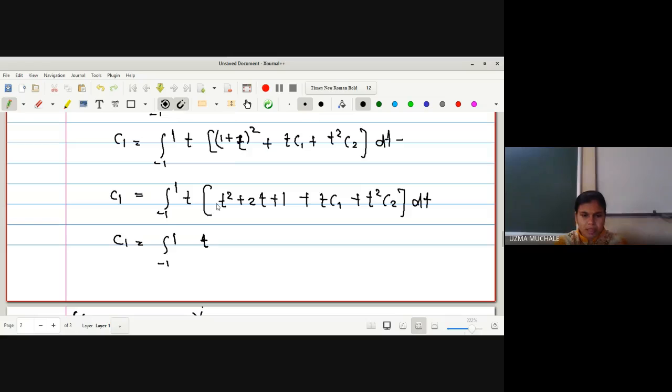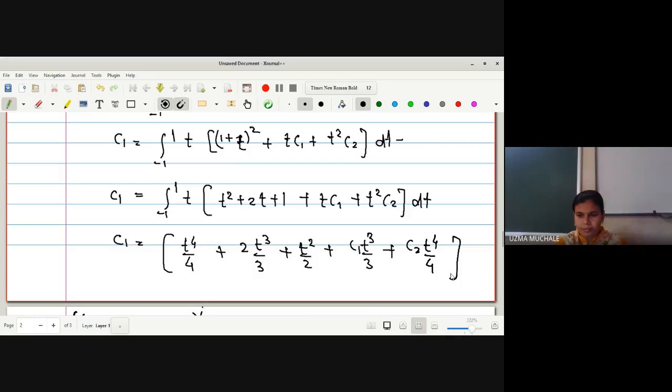Integration of t³ is t⁴ upon 4, plus 2 times integration of t², which is t³ upon 3, plus integration of t, which is t² by 2, plus c1 times integration of t², which is t³ by 3, plus c2 times integration of t³, which is t⁴ upon 4, within the limits −1 to 1.